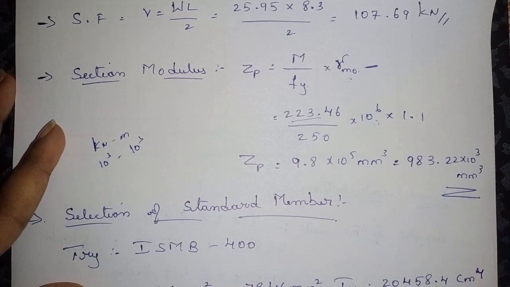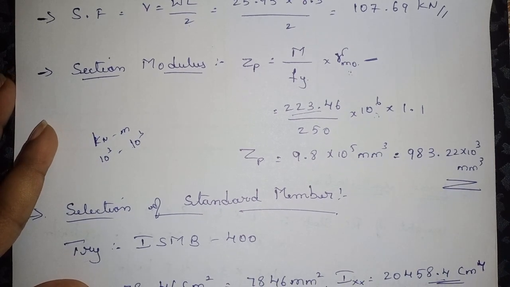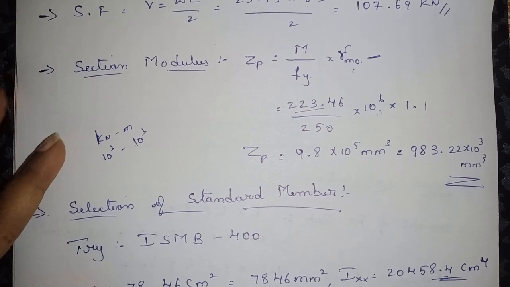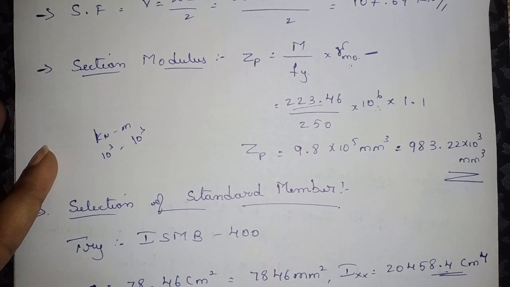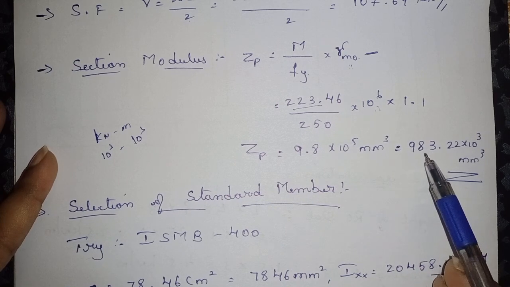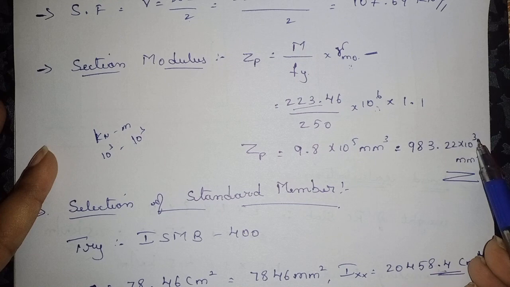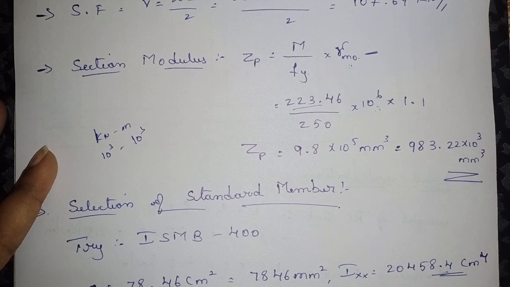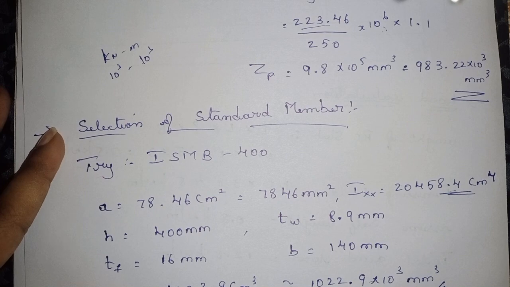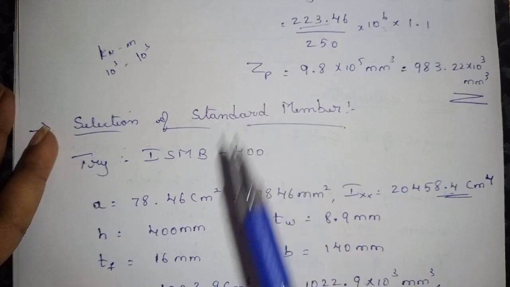Okay, so now you need to search the same thing in your steel table. First search for ISMB 400. Steel table, ISMB 400. So we require 983.22 into 10 raised to 3 mm cube. To find that, first search for ZP.